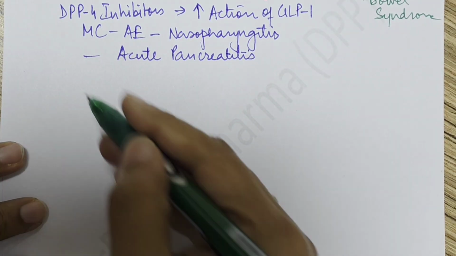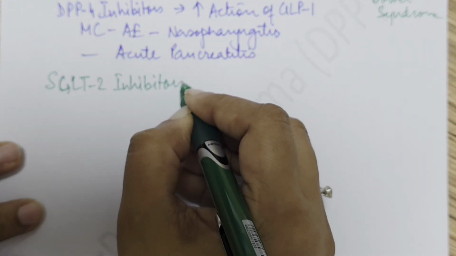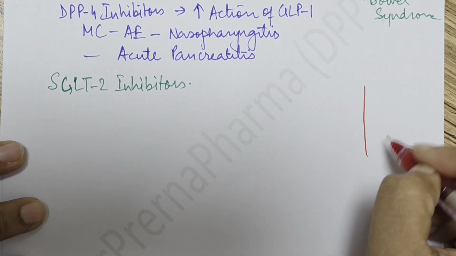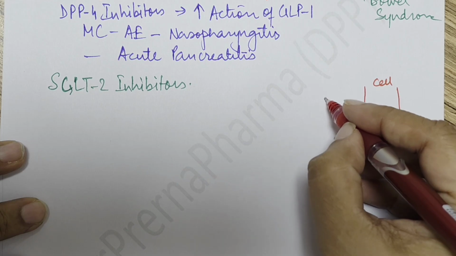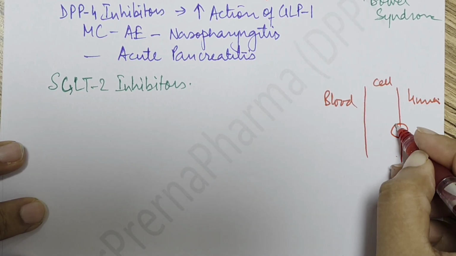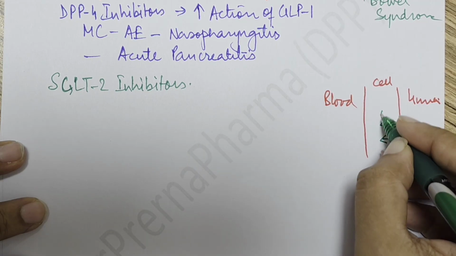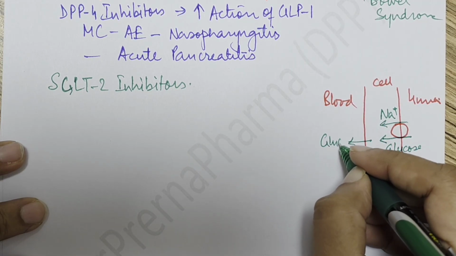Okay. Then the last category that we have is SGLT2 inhibitors. Now SGLT2 inhibitors क्या होते हैं? Basically, like if this is the cell, this is the blood, and this is the lumen. So there is a SGLT2 transporter, and this SGLT2 transporter causes reabsorption of glucose along with reabsorption of sodium, and this glucose is then further reabsorbed in the blood.